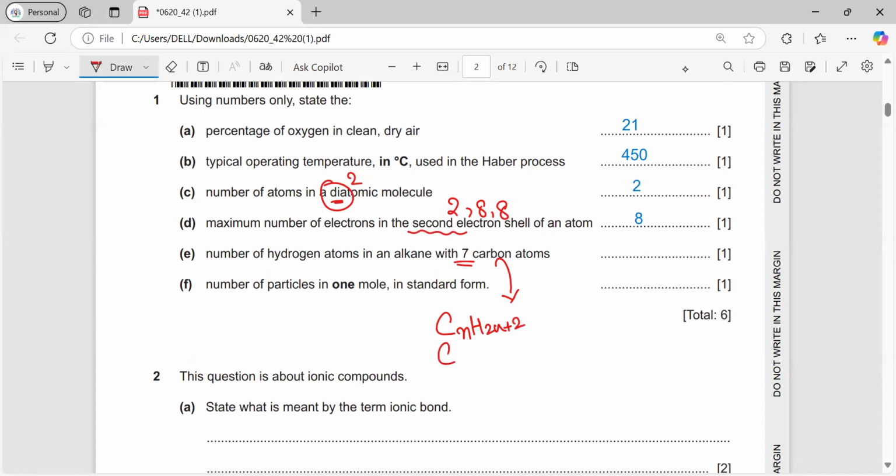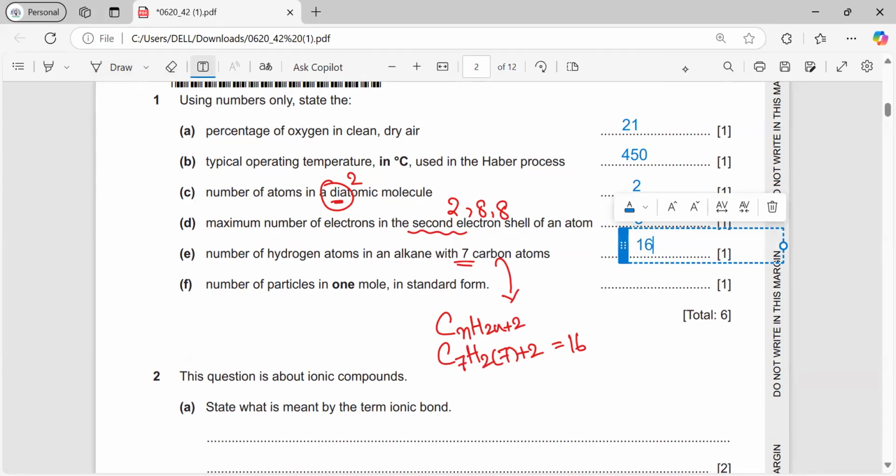So if we substitute 7 for n, because there are 7 carbon atoms, it is H2 times 7 plus 2, which is 14 plus 2, 16. So there are a total of 16 hydrogen atoms in a molecule of alkane, C7H16.